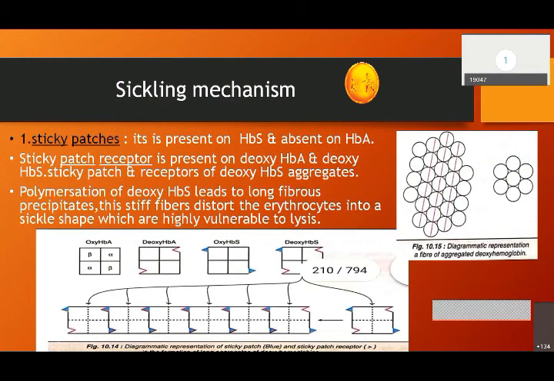And the same for deoxy-HBA: the receptors are present, but the patches are not present there, so they don't lead to aggregation. But in deoxy-HBS, they have both blue color sticky patches and red color receptors. So they aggregate and polymerize to form long fibrous threads which precipitate, and these stiff fibers distort the erythrocytes into a sickle shape, which are highly vulnerable to lysis, and which leads to this disease.